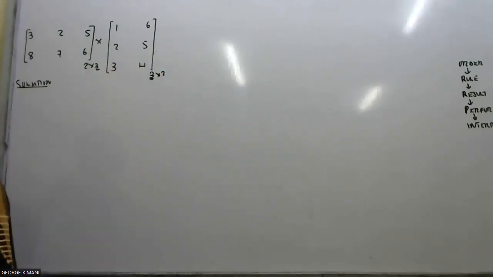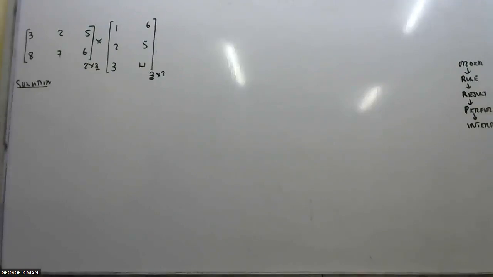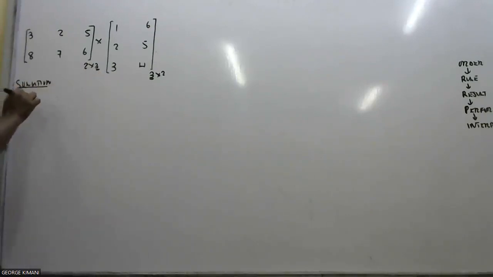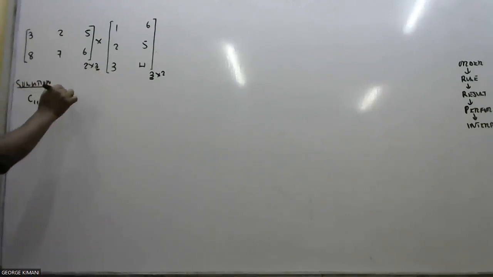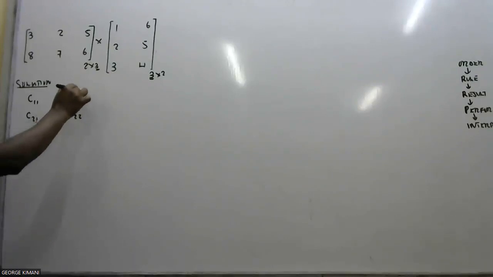So you check whether the columns in the first are also the rows in the second. Is that so? Then we say the matrices are compatible. So we are going to get a matrix that has 2 rows and 2 columns. So it's a case of C11, C12, C21, C22.